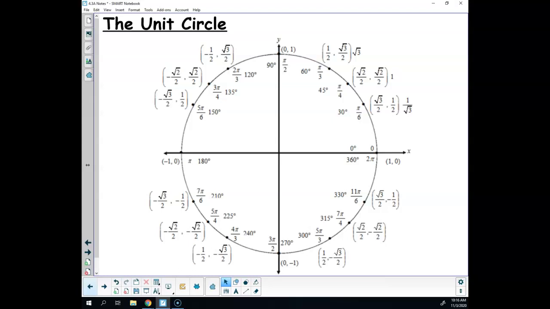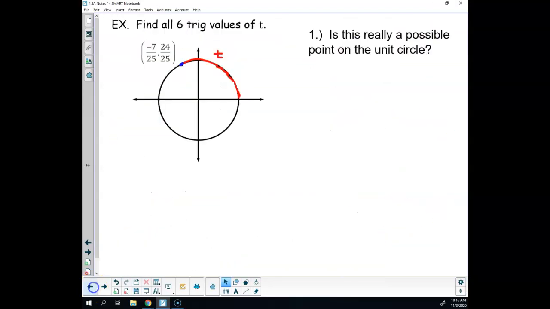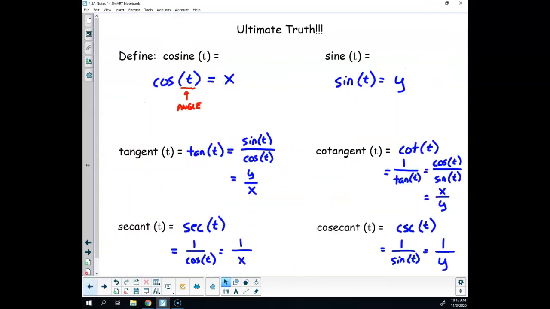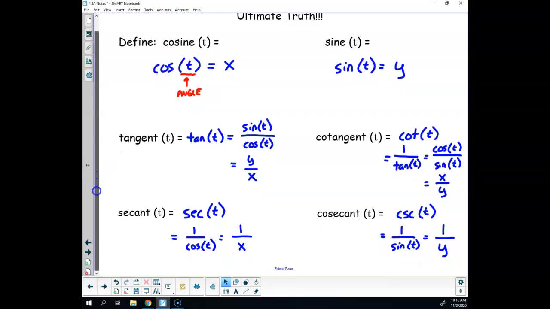One thing that I would put somewhere on your unit circle page, okay, is we should do this right off the start. Somewhere on your unit circle page, I would put these on there. Cosine is equal to x, like either at the top or at the bottom.